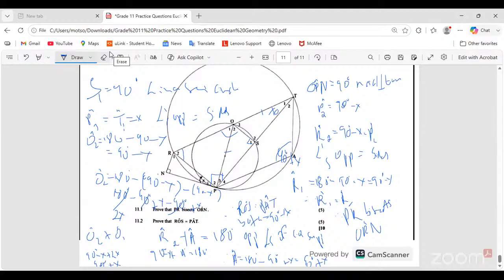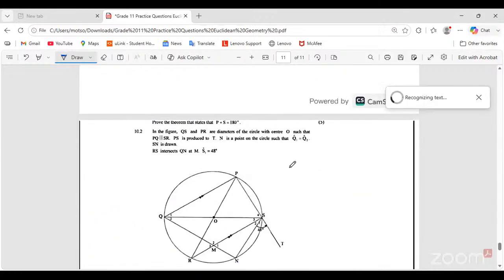So now, before I conclude this lesson, I have to remind you guys about this DRCPT. The DRCPT says D is the diameter. You will look for the diameter that you have here on the diagram and then apply every theorem that you know about the diameter.